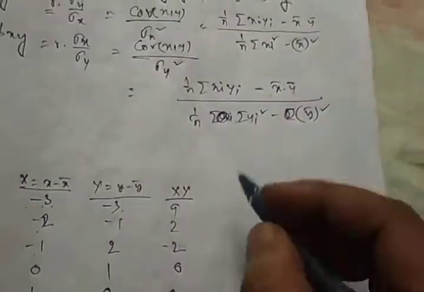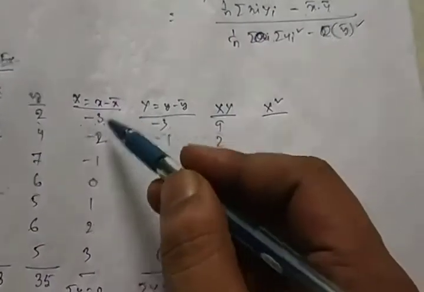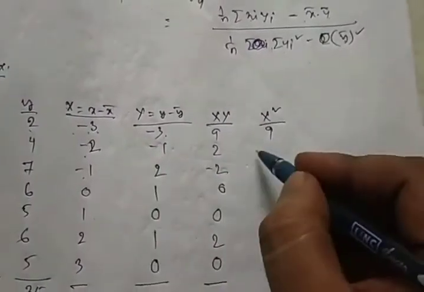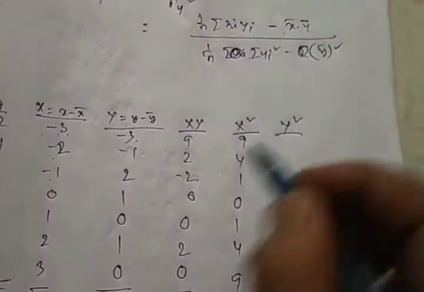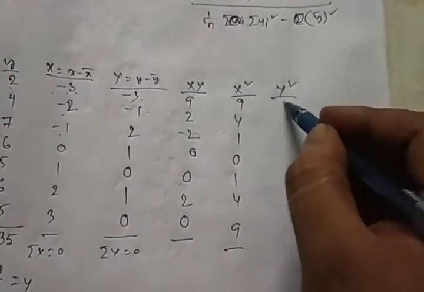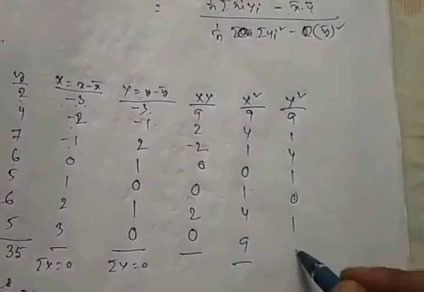Okay, capital X square, that means the square of these values: 9, 4, 1, 0, 1, 4, 9. And capital Y square is 9, 1, 4, 1, 0, 1, 0.